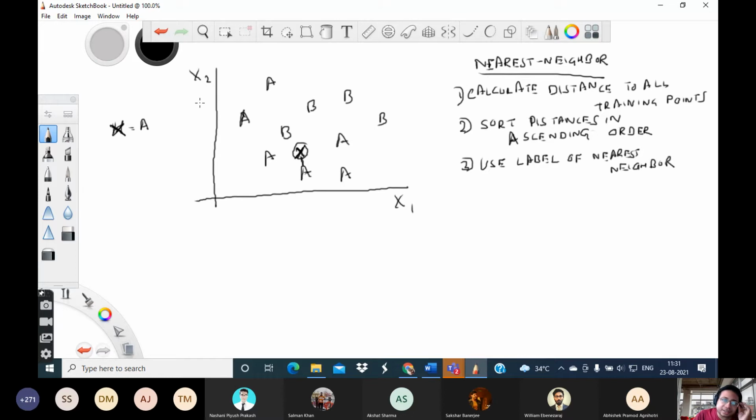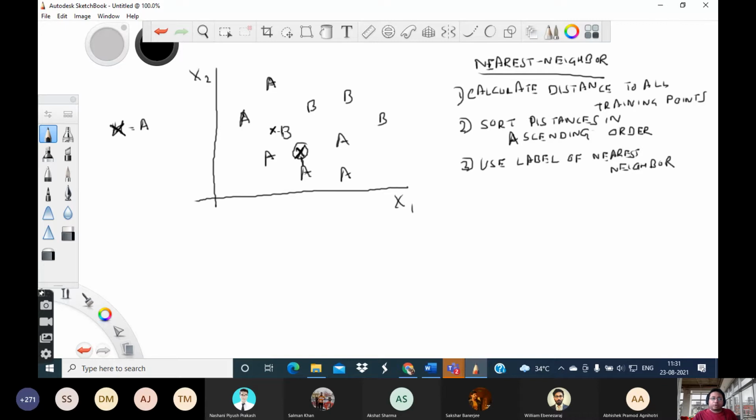Now let us consider another point, which was just mentioned. Suppose we are considering this point. Here you can see that if you are considering this point, its nearest neighbor is definitely B, right?